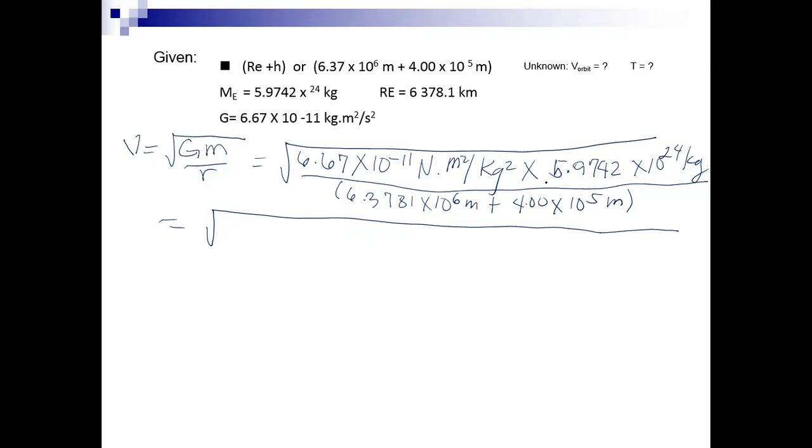Kaya importante na nandiyan pa rin yan hangga't hindi pa natin natatapos yung computation. Okay? So this time, of course, we are going to multiply first those numbers at the top. If we multiply that to 6.67, using the calculator, 6.67 EXP, you will just press EXP negative 11. Hindi na ilalagay yung times 10. Pero may mga calcu na pinipindot pa yung times 10. Commonly, yung ibang calcu, you're just going to press 6.67 EXP negative 11 kaagad. Multiply to 5.9742 EXP 24.